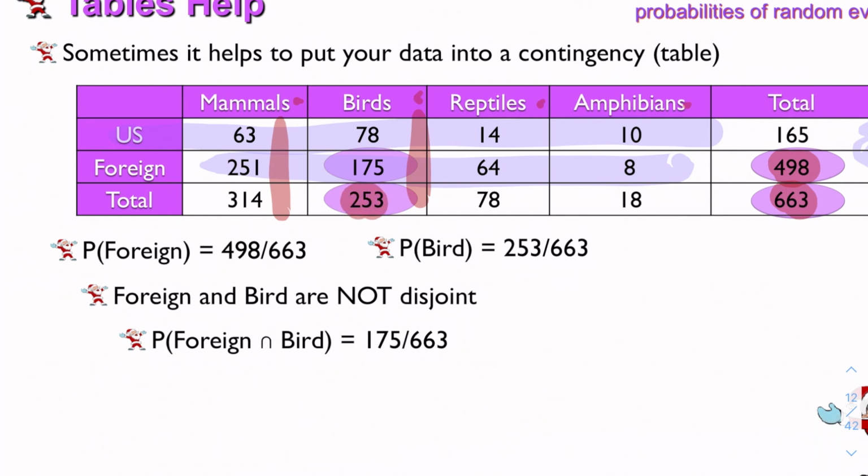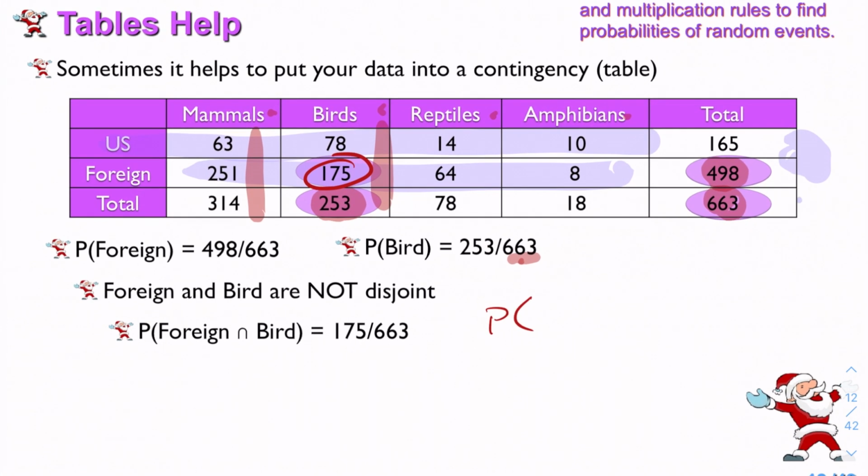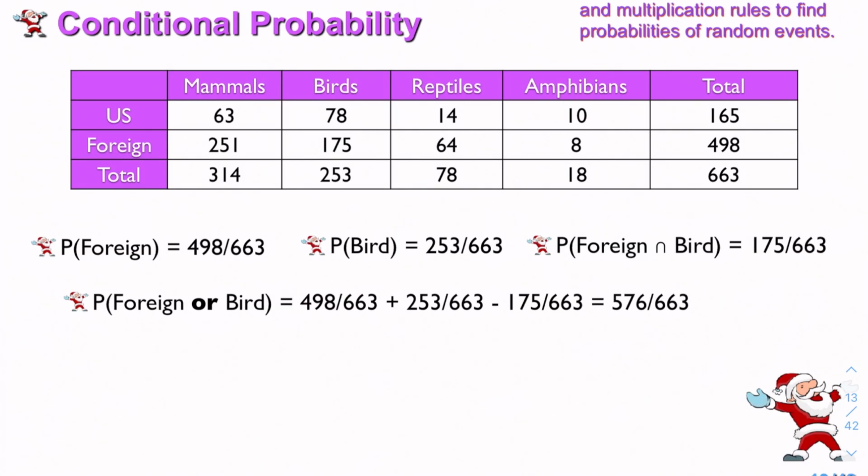Again, we go to totals. Birds are 253 divided by the total, which is 663. Notice foreign and birds are not disjoint because we know that there are foreign birds in this total. Foreign and bird is 175 out of 663.